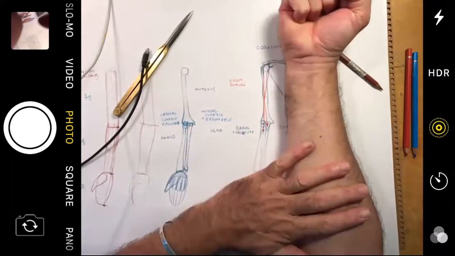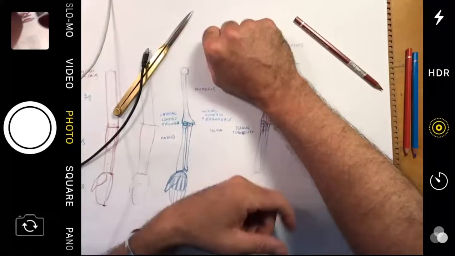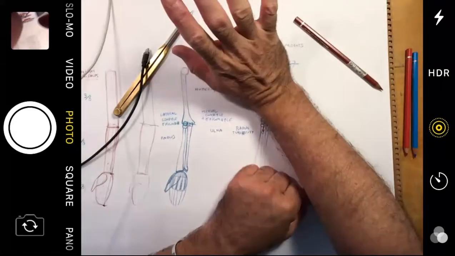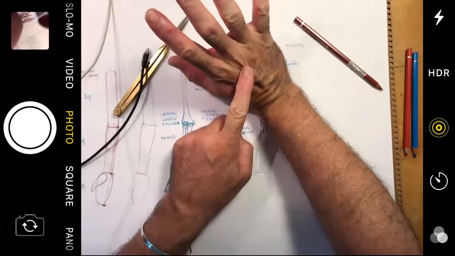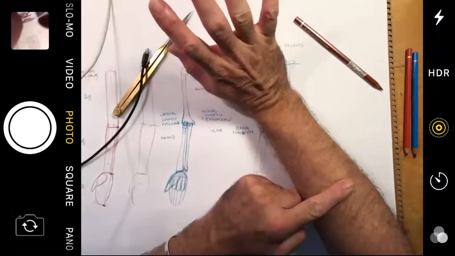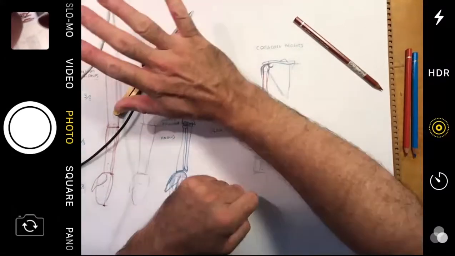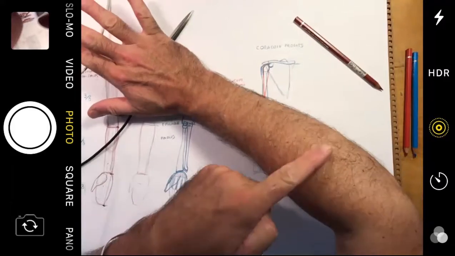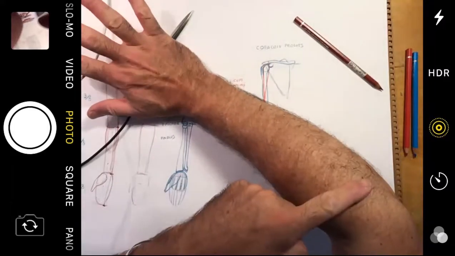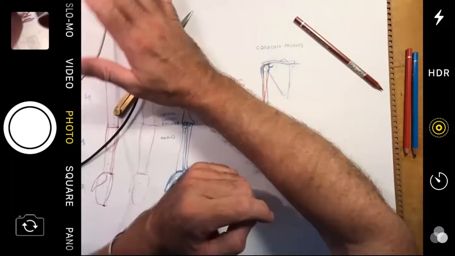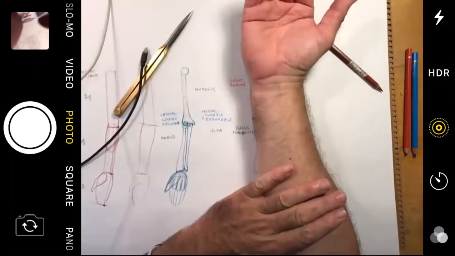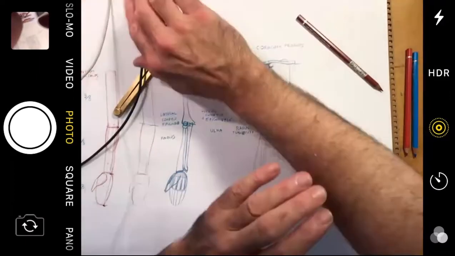When I turn the arm like this, the muscles in here extend the hand and the fingers, right? When I do this, I see the little wavy thing in here because now I am extending the fingers. So flexors on the front, extensors on the back.